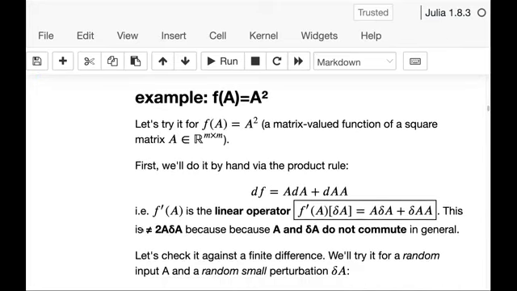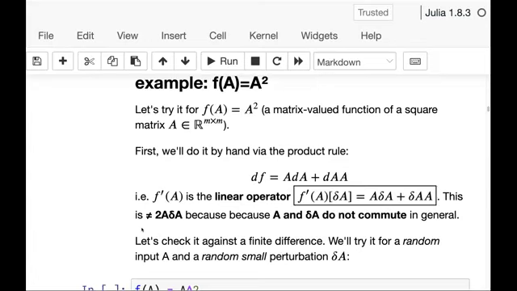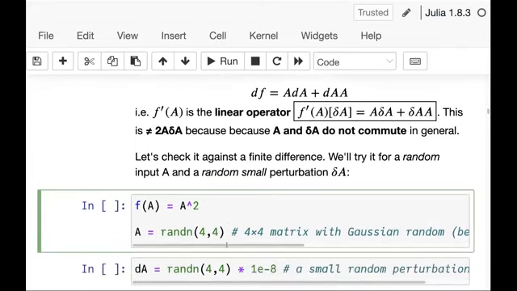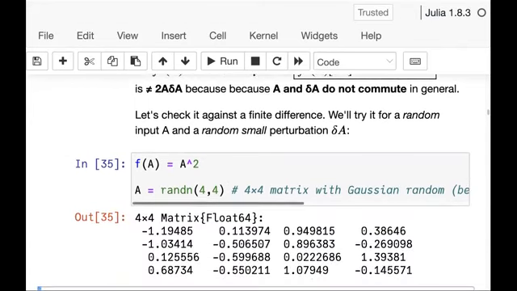This one's pretty simple, I'm pretty sure I didn't screw it up, but we want to check this. So let's define this function, f of A equals A squared. We'll try it for a random input and a random small perturbation delta A. So I'll define that function, and define a random 4x4 matrix.